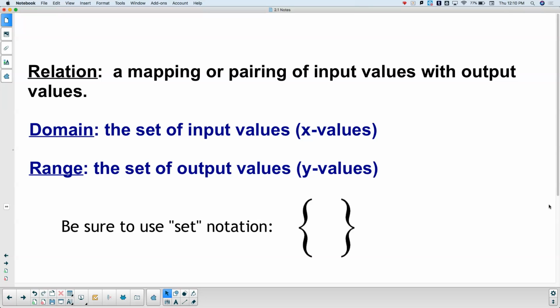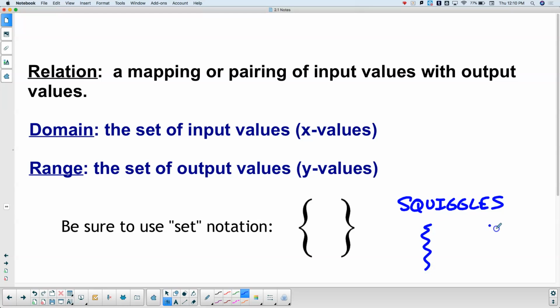So I am okay if you just draw squiggles. But you got to have more than a couple of squiggles because I don't want it to look like a 3. Okay? So if you can draw them, more power to you. You're a better person than I am. If you can't draw them like me, join the Squiggle Club. Okay?